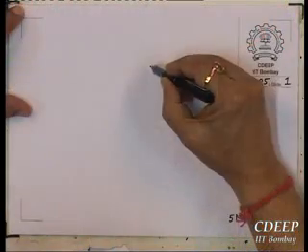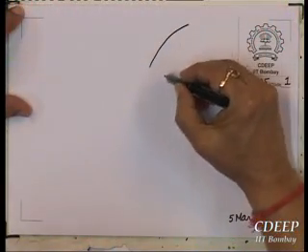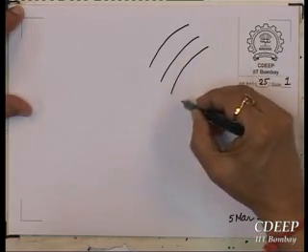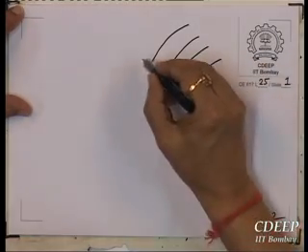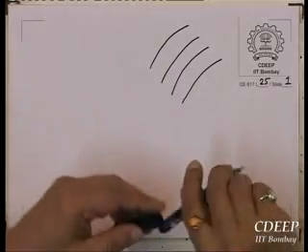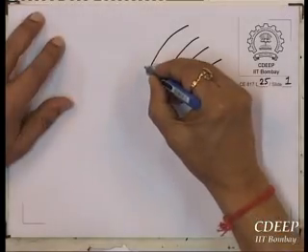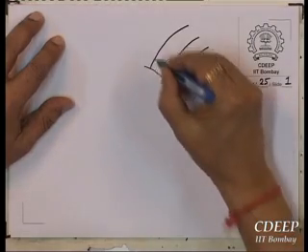Then we went on to a surface. For a surface, you need a net of two curves if you want to define a surface.